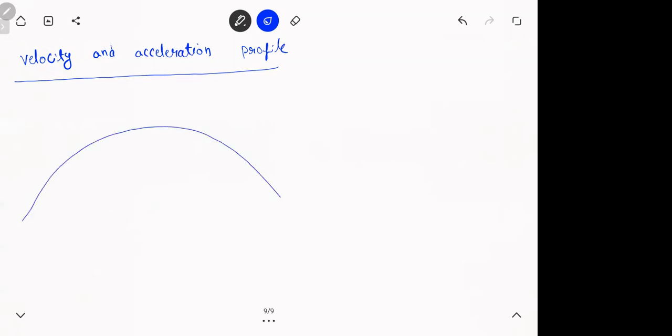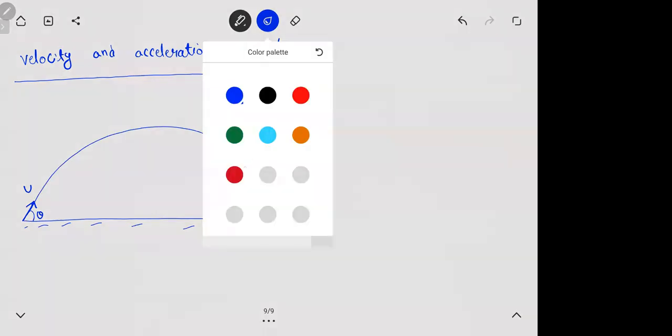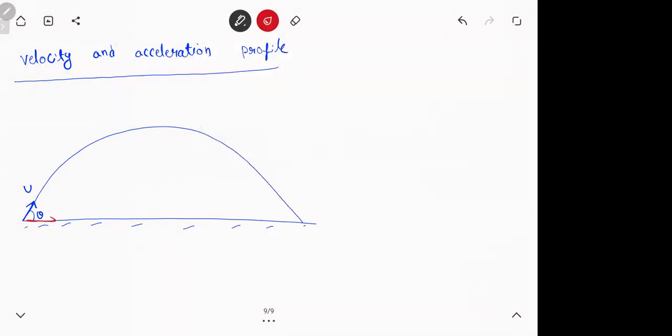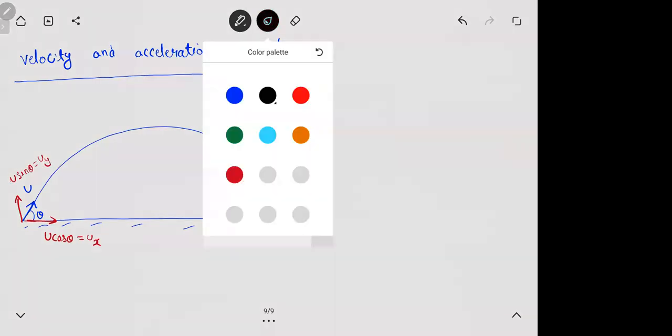So when you projected this, initially the speed is u at angle theta. If I look at the motion here, the horizontal velocity is u cos theta. This is your ux. This is u sin theta, which is your uy. As you go up, what happens?